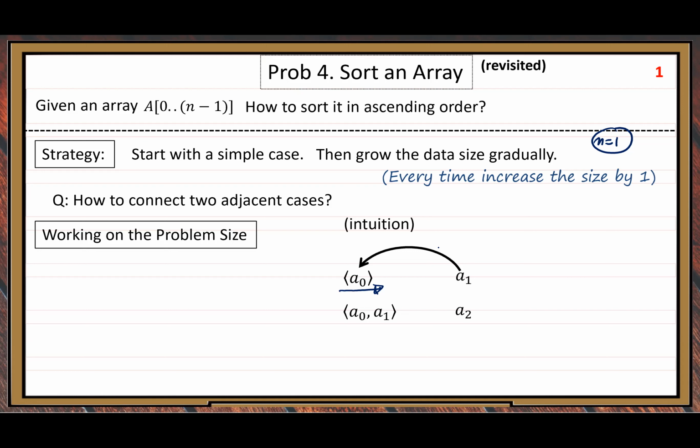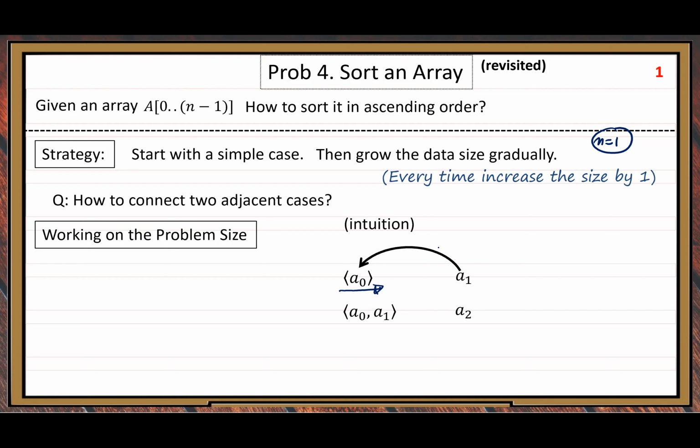Same question: what kind of work do we need to do to make A2 join the current ordered array and get a new ordered array? Definitely we need to do some comparisons. We can do it, right?